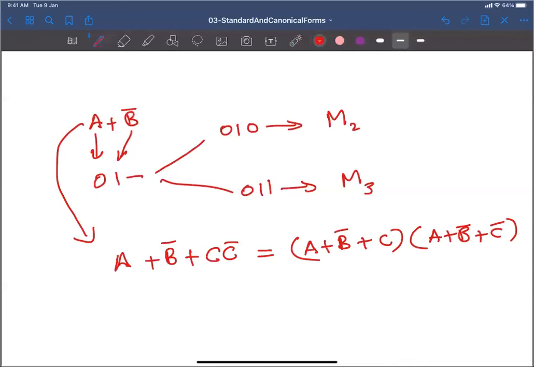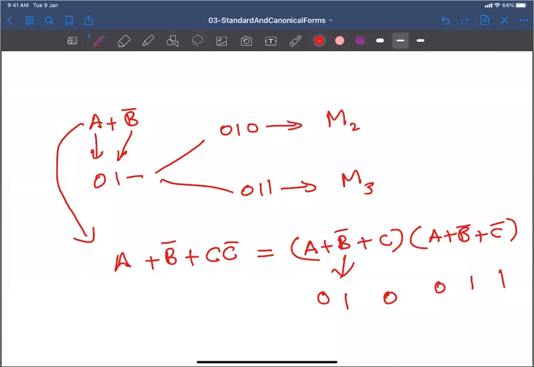So what is this? This is max term number 0, 1, 0. And then this is max term number 0, 1, 1.